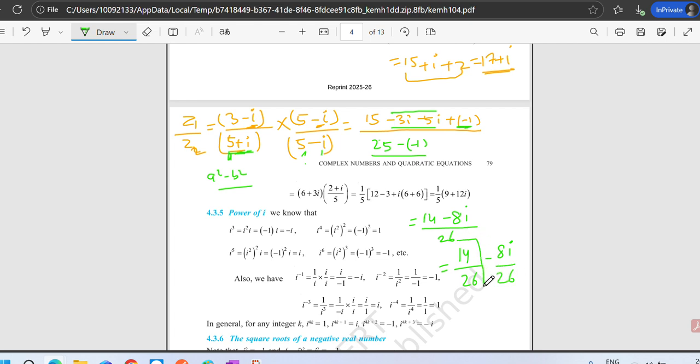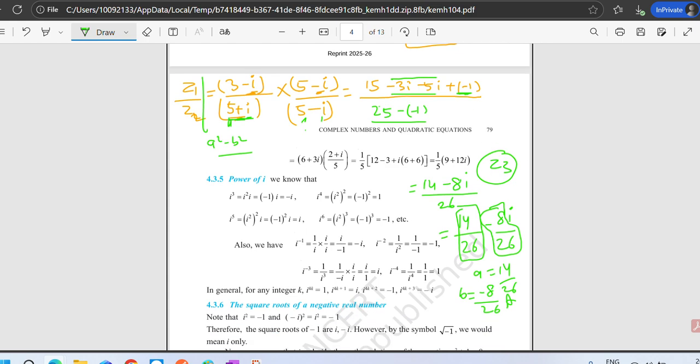So this is A, and this is B. They can ask you what is A, what is B. So you can tell A is 14 by 26, B is minus 8 by 26. And when you're doing Z1 by Z2, you are getting a new Z. That Z, you can call it Z3. You can name it.